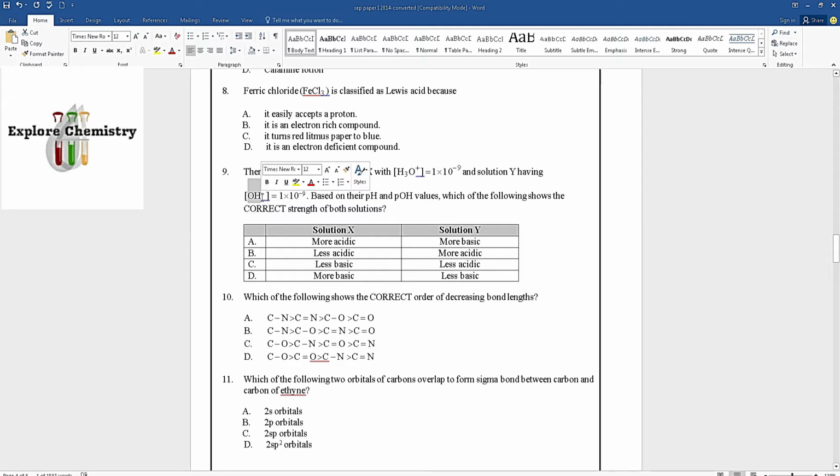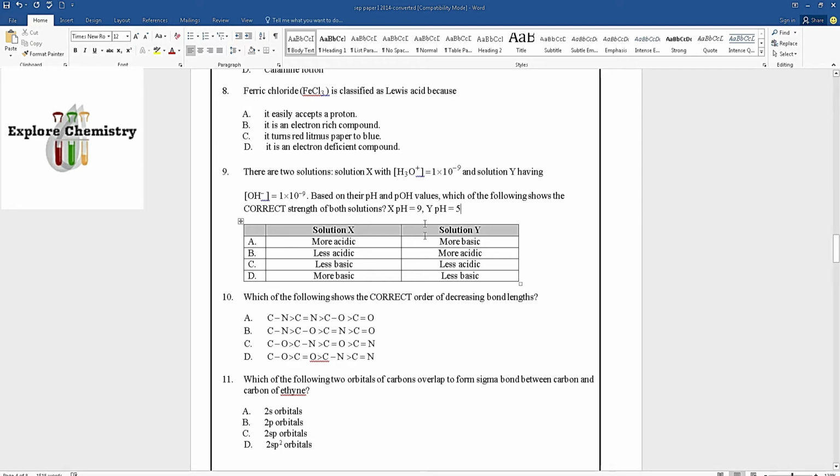OH concentration can be converted into pOH. So pOH of Y is 9, so its pH will be 5. So solution X has pH 9 and solution Y has pH 5.